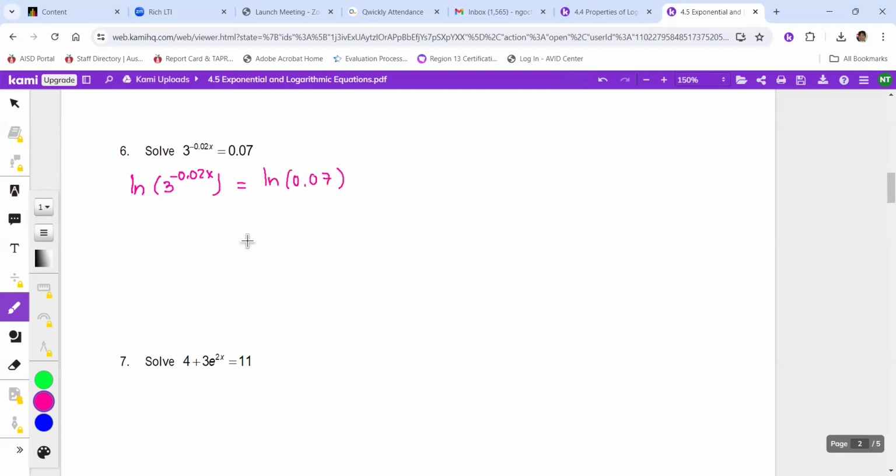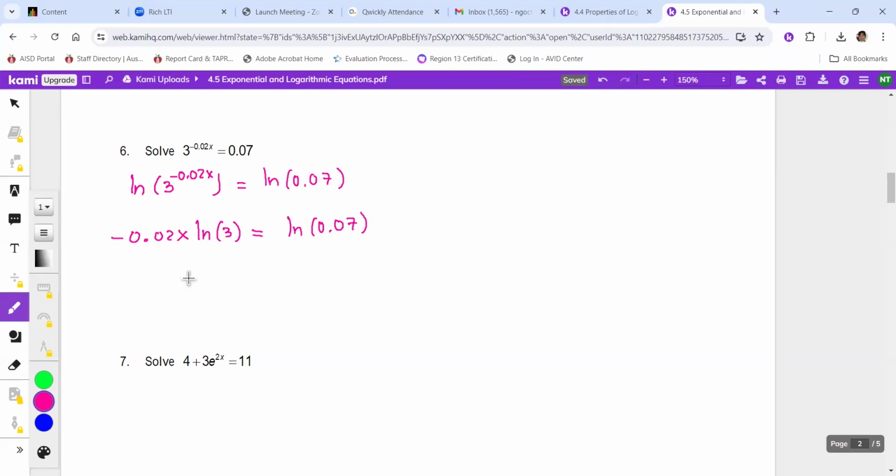0.07. Then I'm going ahead and using the power property to move the exponent, which is the negative 0.02x, in front of our natural log 3. And next, we want to isolate x.